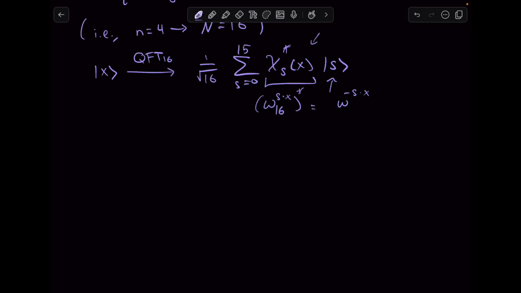And QFT 16 acting on x is going to be this. We're going to rewrite this sum here, but expand it out fully. 1 over root 16, which is just 1 over 4. And then for the first computational basis state, it's going to be 4 qubits, all zeros.